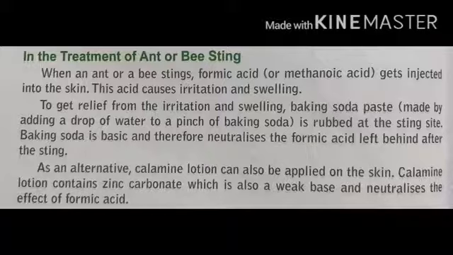Baking soda is basic and therefore neutralizes the formic acid left behind after the sting. As an alternative, calamine solution can also be applied on the skin. Calamine solution contains zinc carbonate, which is also a weak base and neutralizes the effect of formic acid.